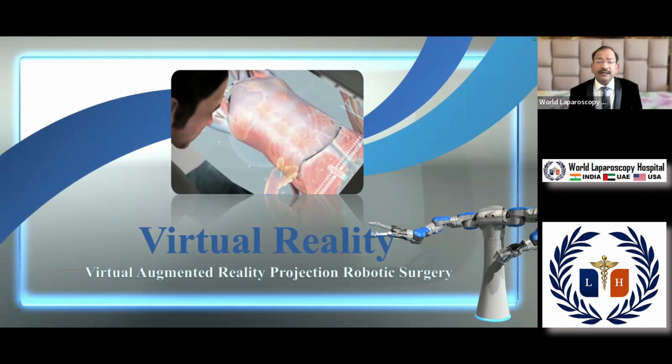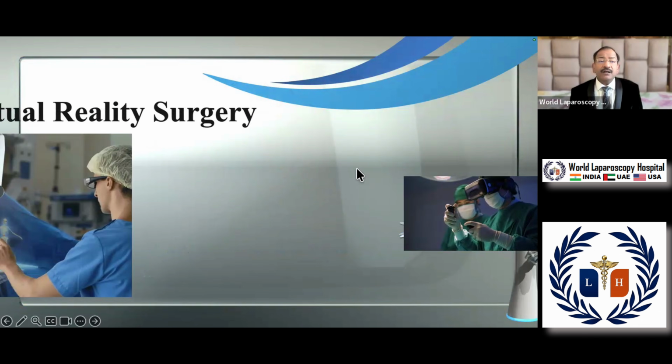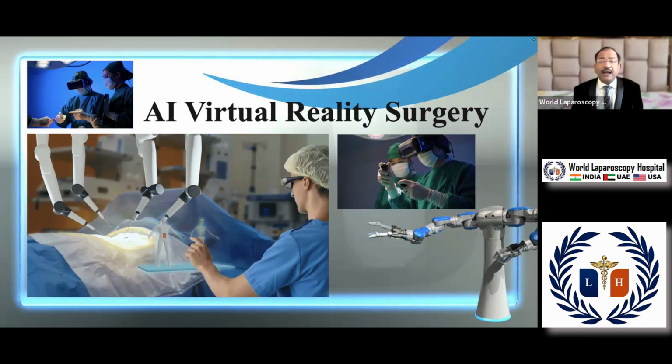Another very important innovation in laparoscopy is virtual reality, along with AI, artificial intelligence. Right now, when you are performing, you have a problem. What is the problem? You are seeing on the monitor and performing on the patient.